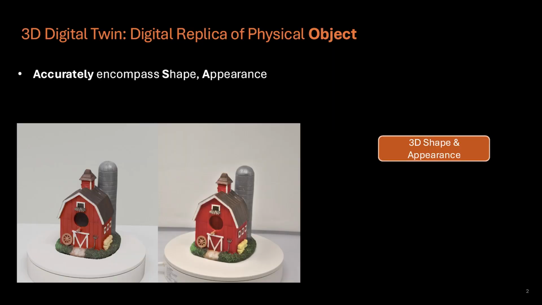Let's get started to think about 3D digital twin, right? We all know, if we first look at it from a single object level, a 3D digital twin will accurately encompass the shape and the appearance of the single object. That's the first property we usually expect a 3D digital twin to have.